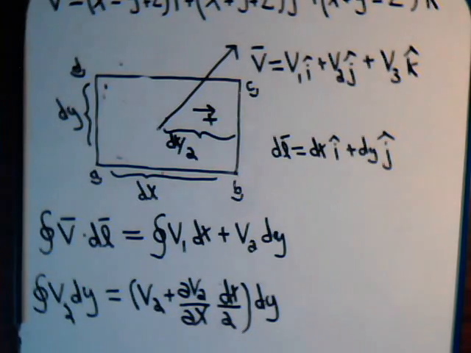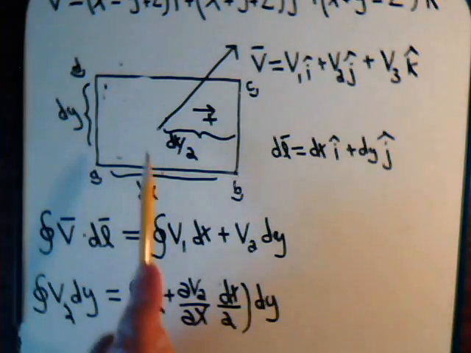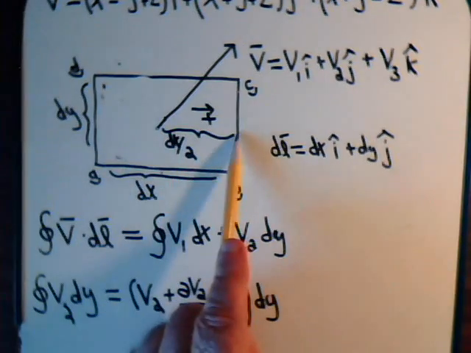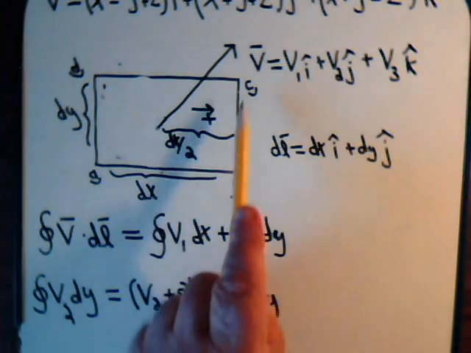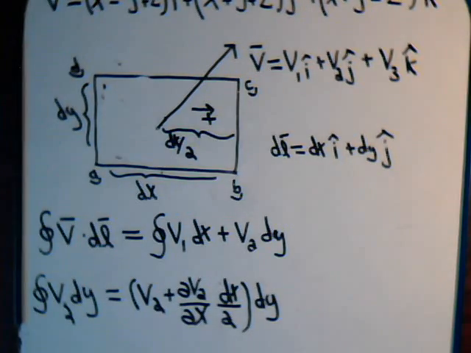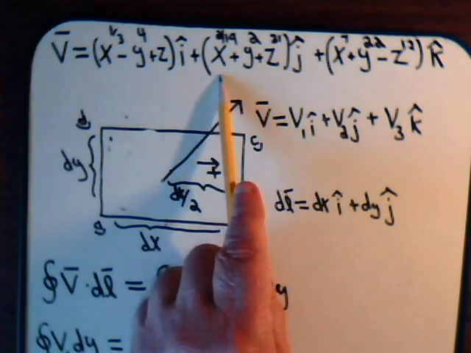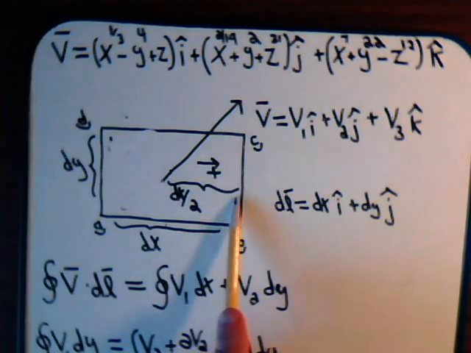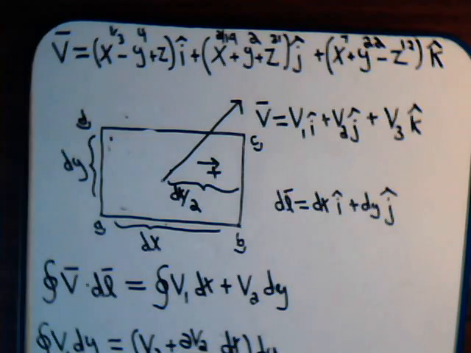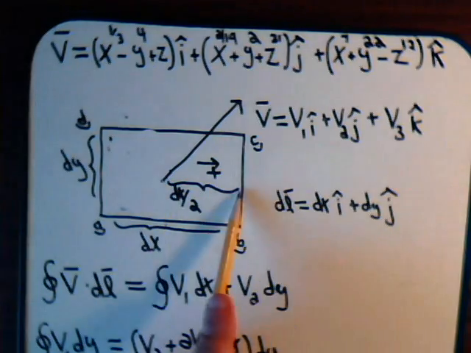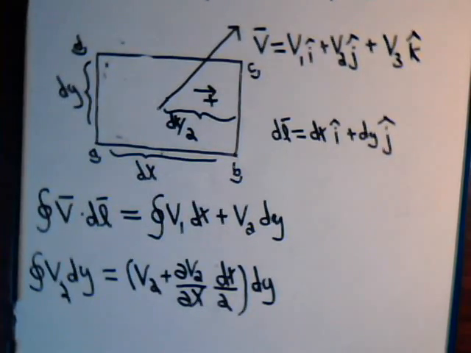So again, we move the vector over to here, to this infinitesimal path. When we do that, we're concerned only now with the v2 component of it, but that depends upon x, and we just changed that going to here. So the new component v2, when we go from here to here, is what it was originally, plus the amount of change.